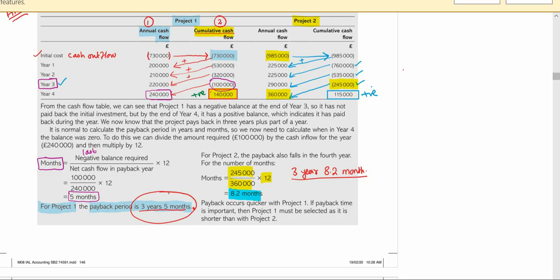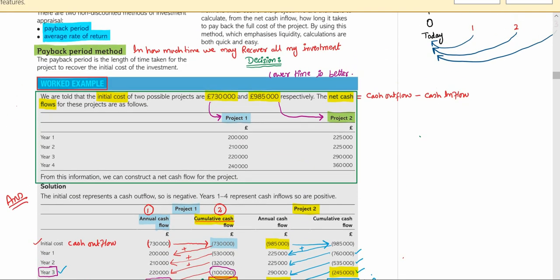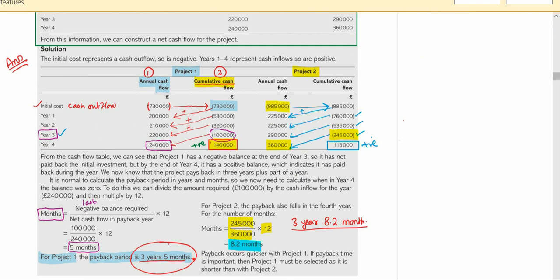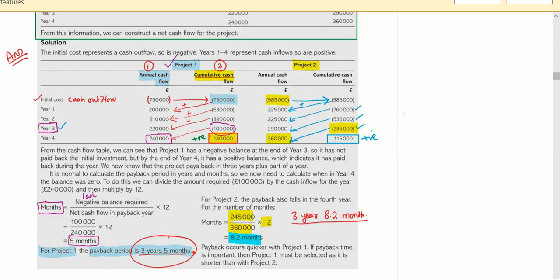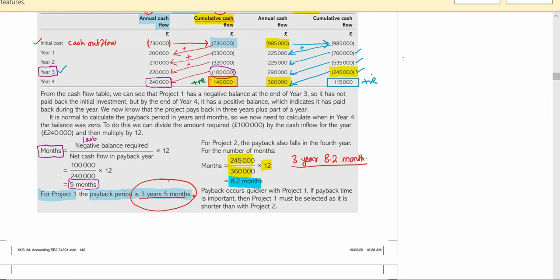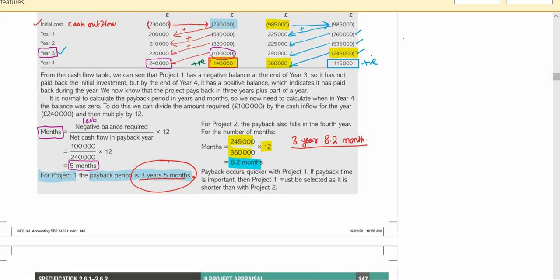So on the basis of payback period, we select project 1. So project 1 is favorable. Project 1 is worthwhile because we may recover our investment sooner once we inject our investment in project 1.